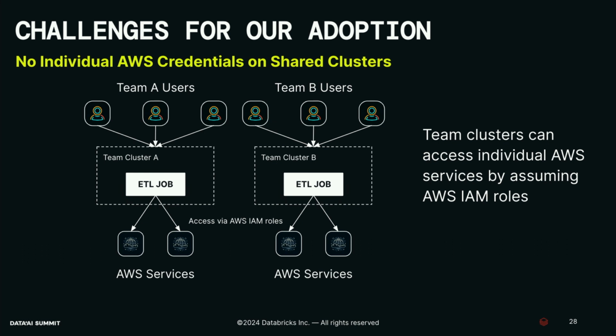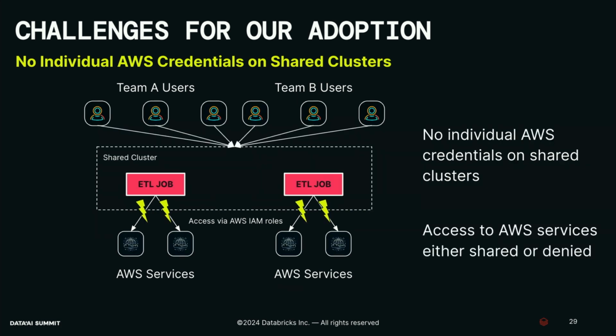So if there is a team A and a team B, they can access their AWS services totally independently. The problem is, what we cannot do is we cannot let them use a shared cluster currently, because either they would share the access to the AWS services, or we have to deny it. So we cannot use these shared clusters easily without having individual AWS credentials.